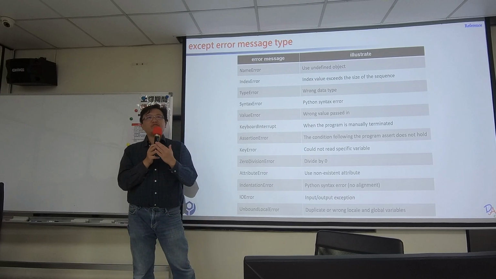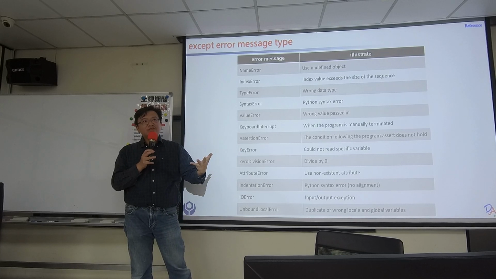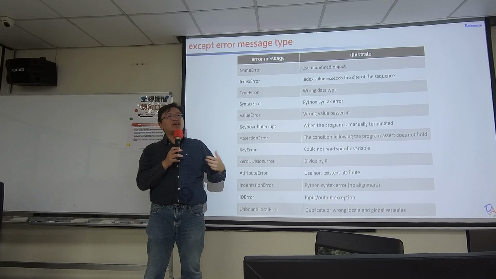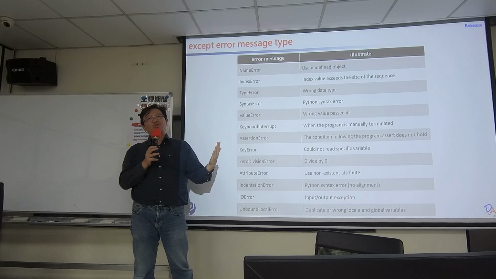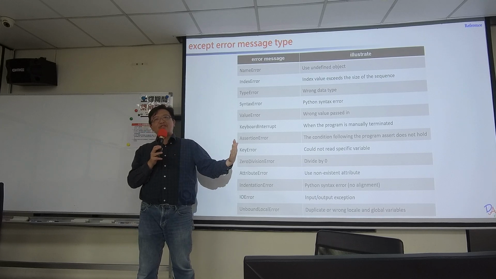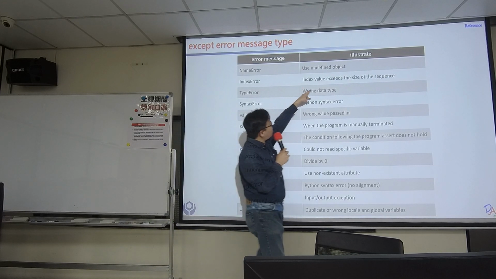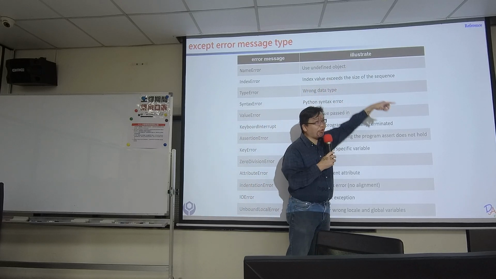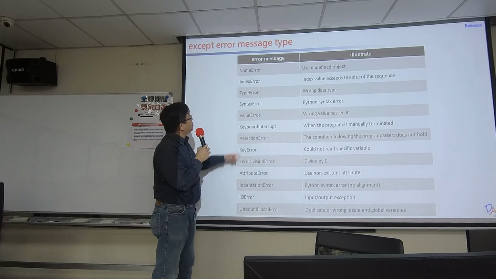For example, if you have a vector with a length of 5, but you decide to pick up the 6th one, however the variable only has a length of 5. So index error is an index value that is larger than the size of the variable.